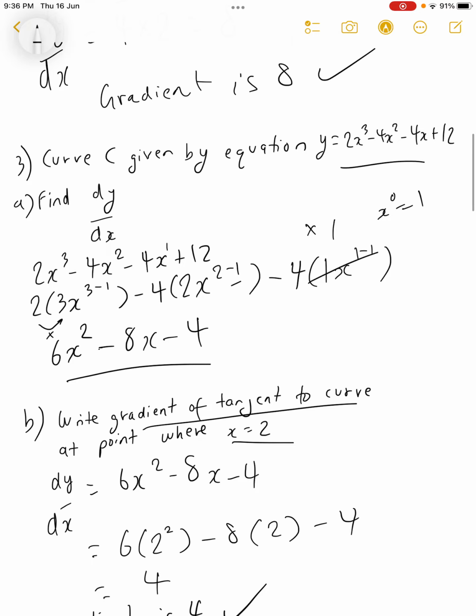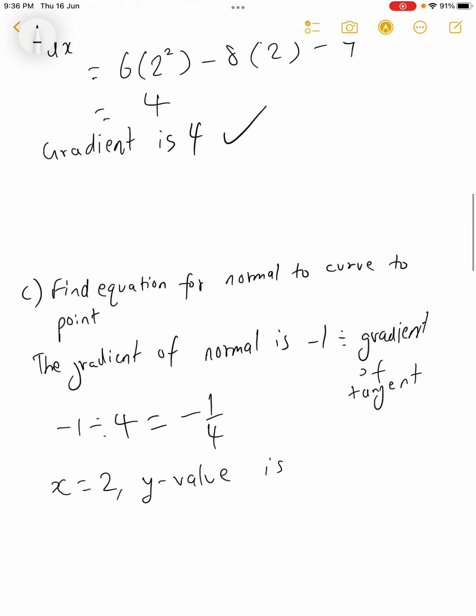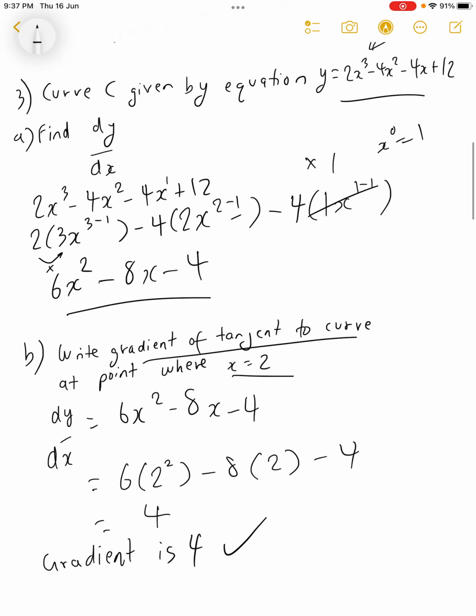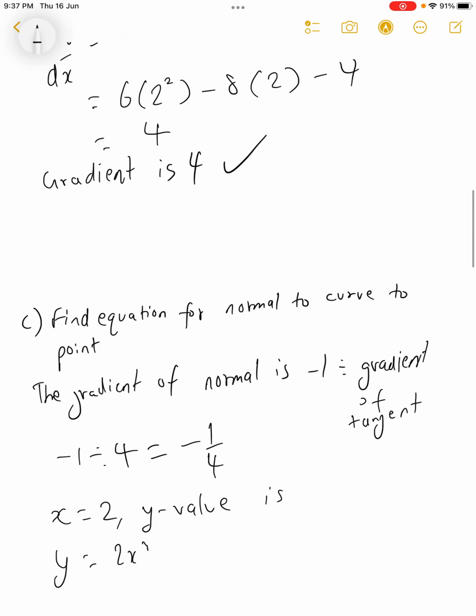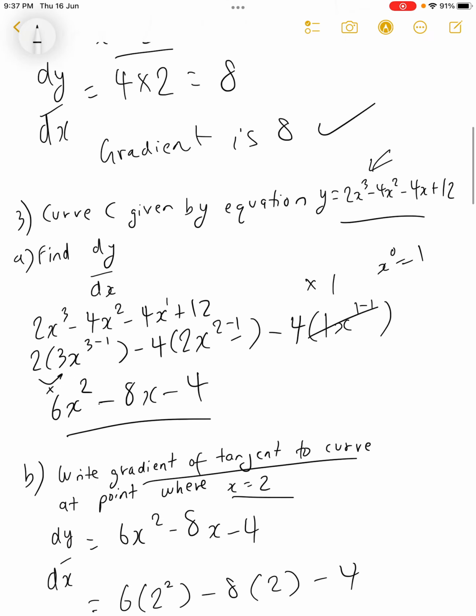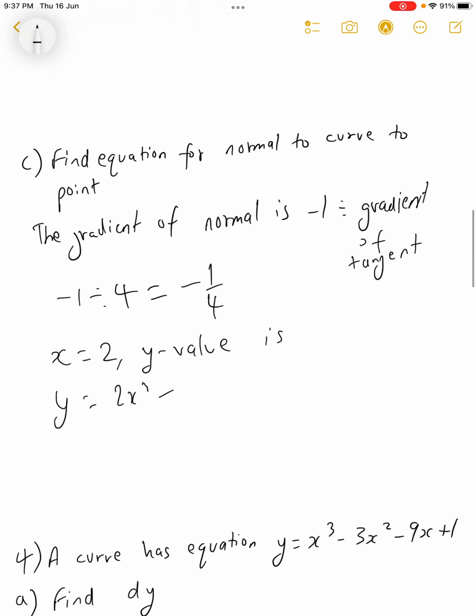The reason we have got this is, if you look back at the first equation, we're just going to write that down from the question. Since they're all connected in 3 parts, a, b, and c, you have 2x cubed minus 4x squared minus 4x plus 12.